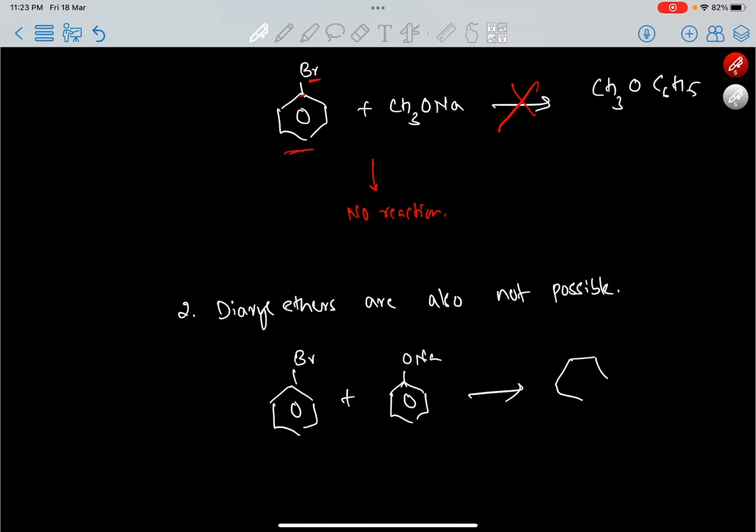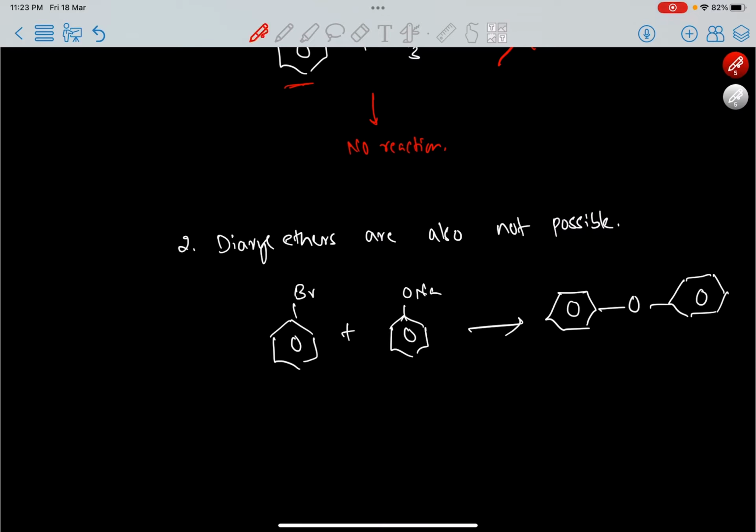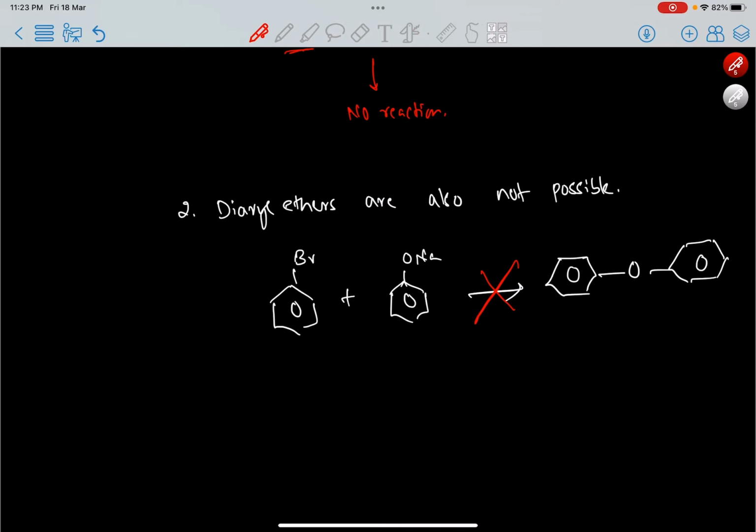We are supposed to get this ether, but this is also not possible. Why? Same reason, phenyl bromide cannot be used. So here we can write no reaction.